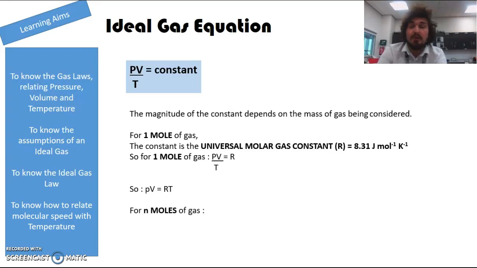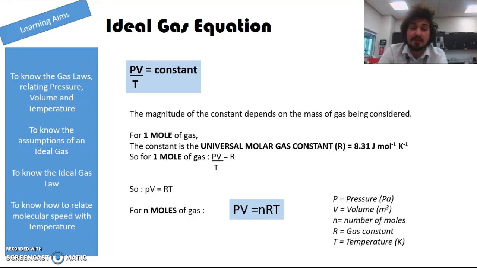And for n moles of gas, we can say PV equals nRT, which I'm sure if you've done chemistry you'll be well familiar with. So pressure in pascals, volume in meters cubed, n is number of moles, R is the gas constant, and T is temperature in Kelvin. Absolute temperature. It's important that you don't use degrees Celsius here, because unlike other scales, it doesn't have the same zero.